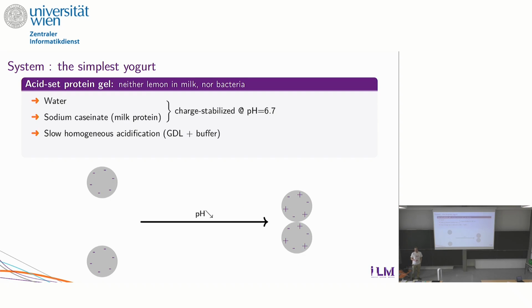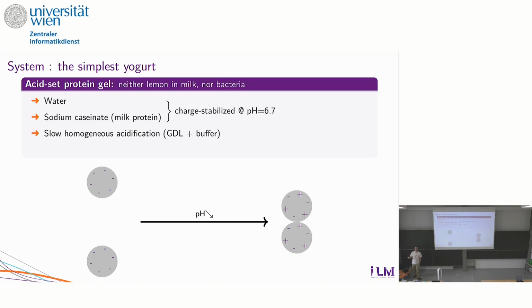And the system, very briefly: we are using yogurt, so it's milk protein in water, and we acidify this solution using this molecule, so that the proteins go from being negatively charged at neutral pH to globally neutral at a pH around 4.5, and then they aggregate.